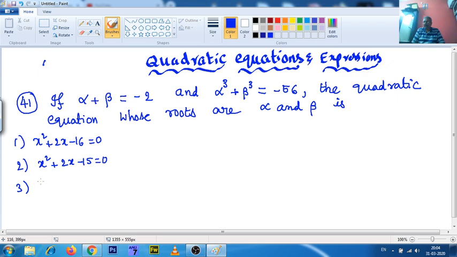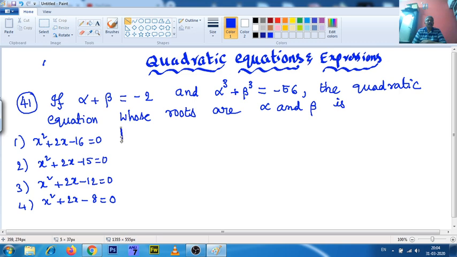Third option we have x square plus 2x minus 12 equals 0, and fourth option we have x square plus 2x minus 8 equals 0. Hi Naveen.